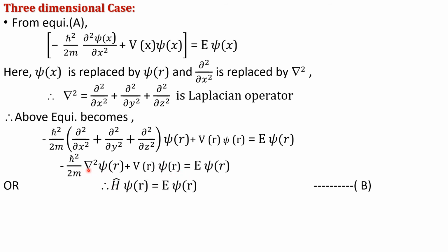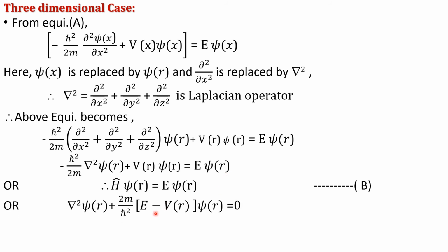The first term represents the kinetic energy term, the second term the potential energy, the sum of kinetic energy and potential energy in three dimensions. Again, it is the three-dimensional Hamiltonian operator into psi of r is equal to E psi of r.